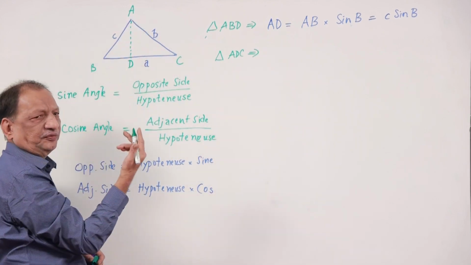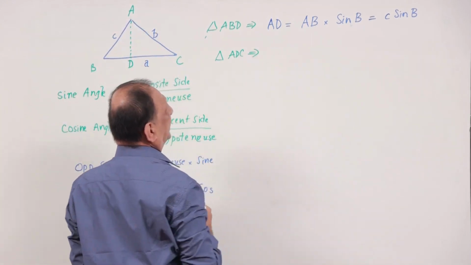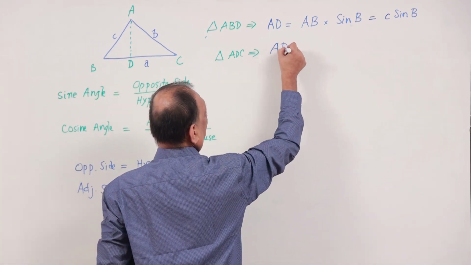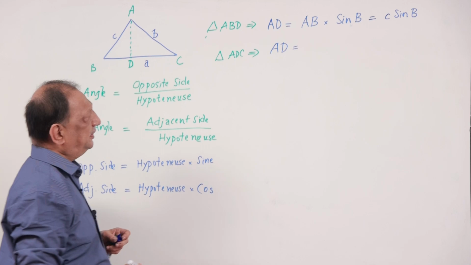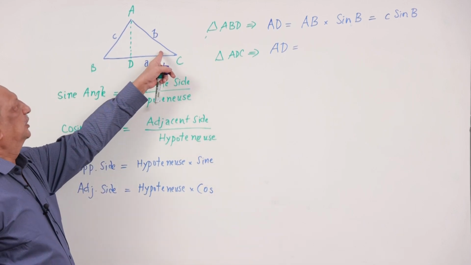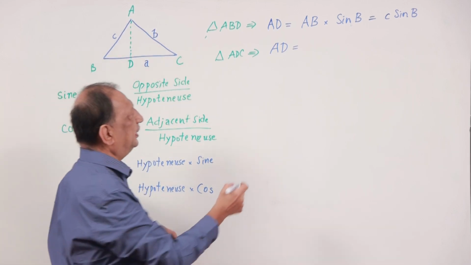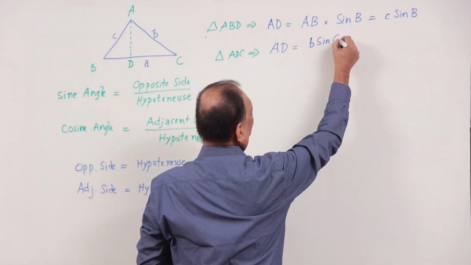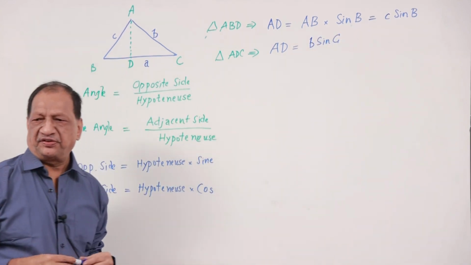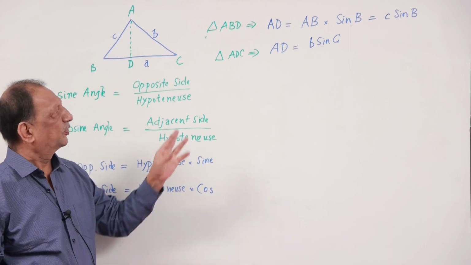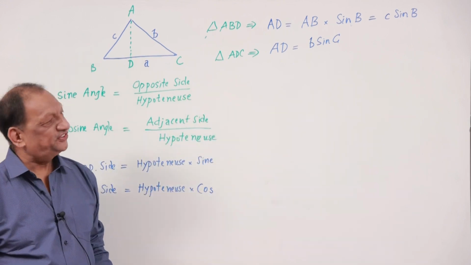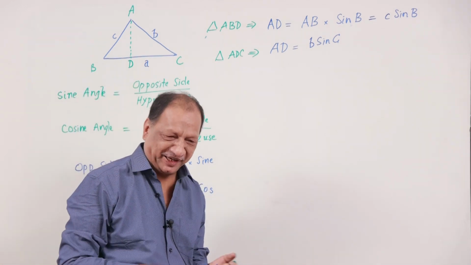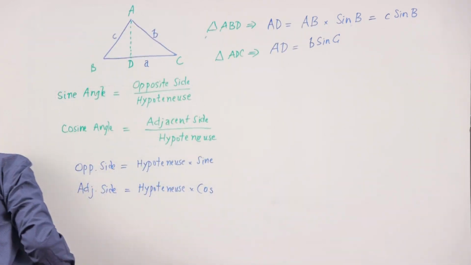It also has the AD, no? So what is AD here? Hypotenuse multiplied by sine of the angle, right? What is the hypotenuse here? It is b sin C. Therefore, both are the same. So b sin C equals c sin B. Now we write the symmetric equations for it.